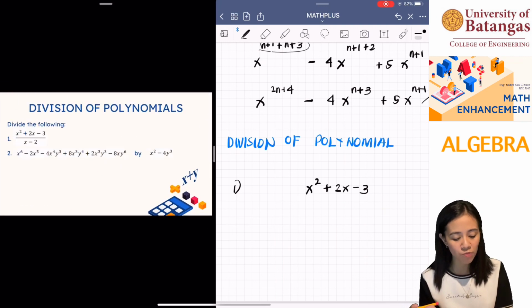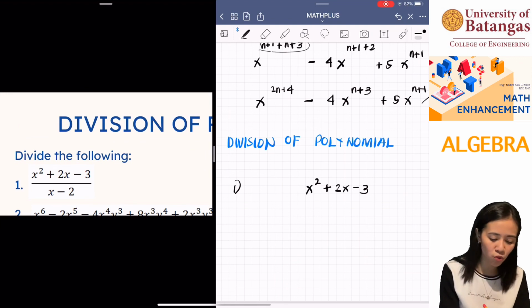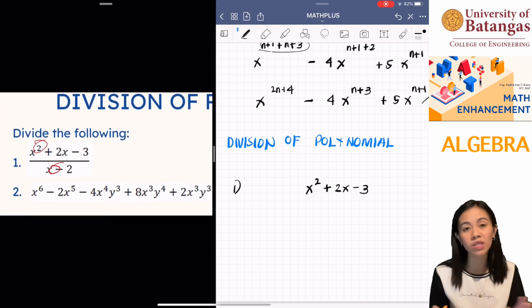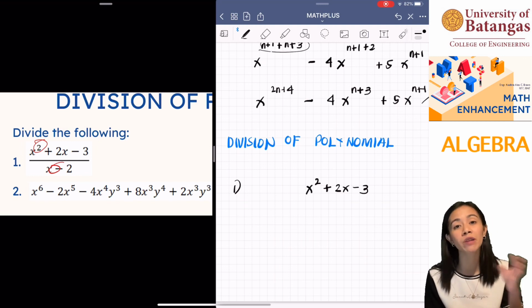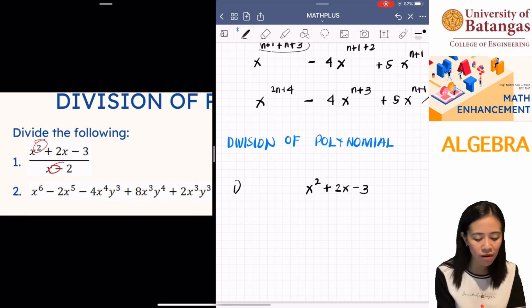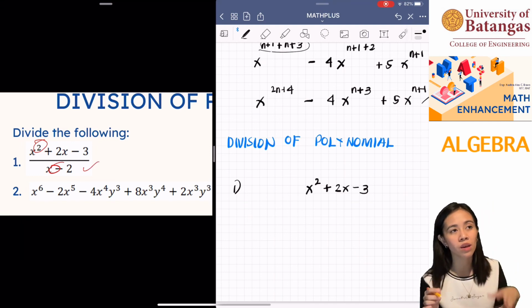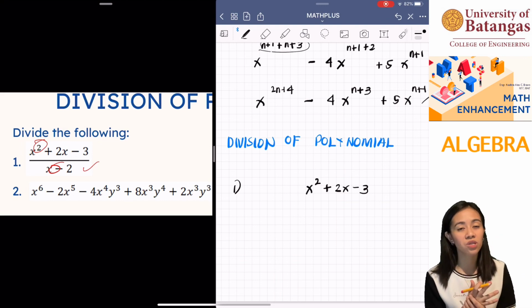Kapag yung exponent, or yung degree, or yung highest exponent mo, doon sa numerator mo, kagaya dito ay 2, mas mataas siya doon sa highest exponent sa denominator, which is 1, pwede kang mag-divide. Kung equal naman, halimbawa, x squared plus 2x minus 3 to, tapos yung denominator ay x squared minus 2, pwede ka pa rin mag-divide. Wag lang, mas malaki yung degree ng denominator. Pag mas malaki na yung degree ng denominator, ibig sabihin, the fraction, di ba, fraction itsura niya, is already in its lowest term, kumbaga. Okay?